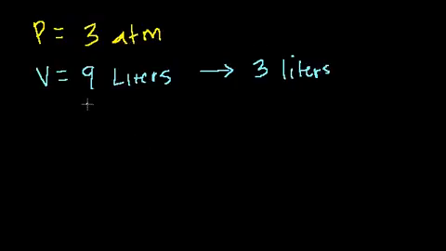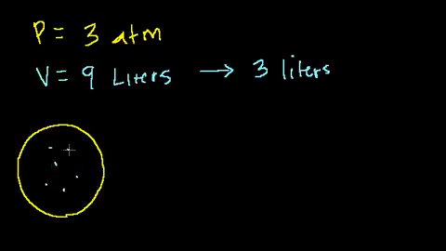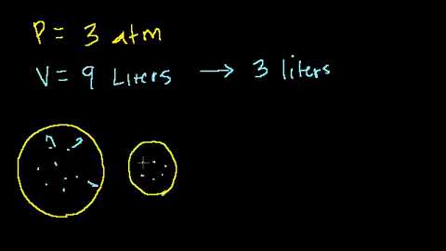In our very original intuition behind the ideal gas equation, we said, look, if we have a certain number of particles with a certain amount of kinetic energy, exerting a certain pressure on their container, and we were to make the container smaller, we have the same number of particles, n doesn't change, the average kinetic energy doesn't change, so they're just going to bump into the walls more. So when the volume goes down, the pressure should go up.